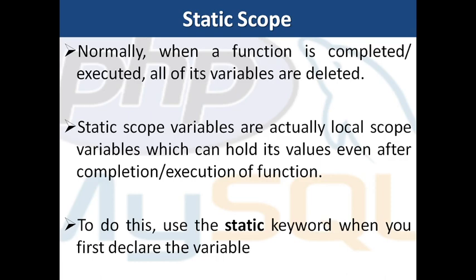Static scope variables are actually local scope variables which can hold their values even after completion of the function. To do this, use the static keyword when you first declare the variable.